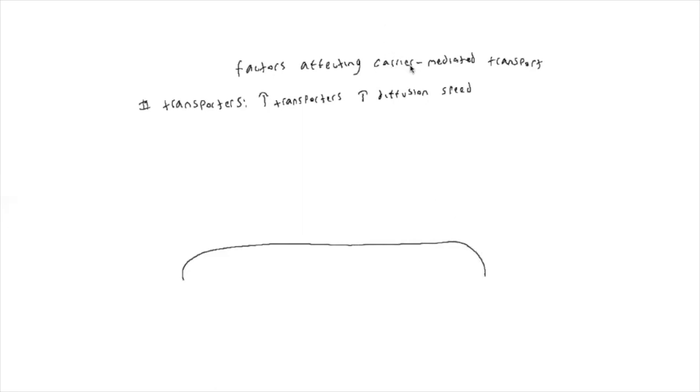This is going to be a cell membrane. And let's say that I want to transport 6 glucose molecules from the outside of the cell into the inside of the cell. So say that green is going to be glucose, and here I have GLUT proteins. Now, if I have 2 GLUT proteins, it's going to transport the glucose molecules a lot slower than if I had 4 GLUT proteins, or 5, or 6.